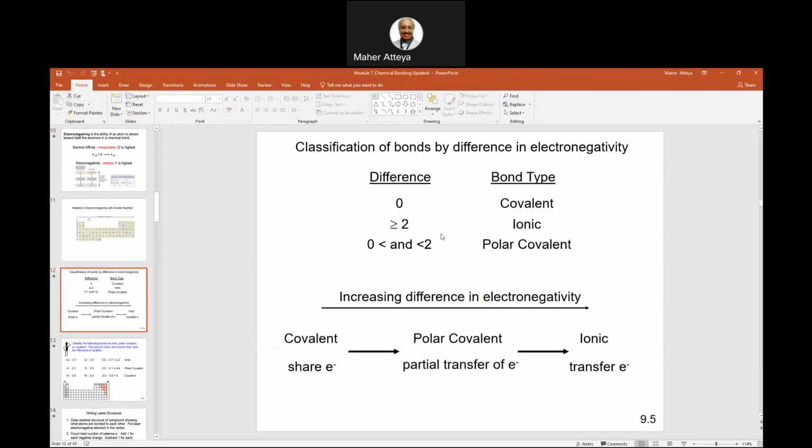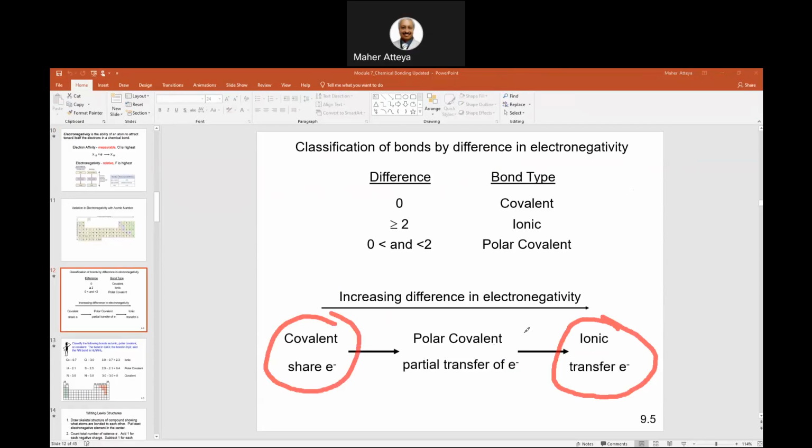Guys, let me just show you here. Ionic is close to 2, and covalent compounds share electrons. Ionic compounds transfer. That's very important, and this is the difference between them. Ionic compounds don't share, they transfer electrons: the metal, being positive, gives away its valence electron, and the non-metal accepts it. Covalent compounds share it, correct?